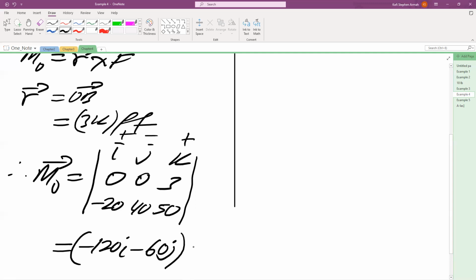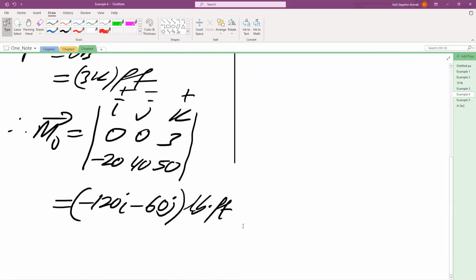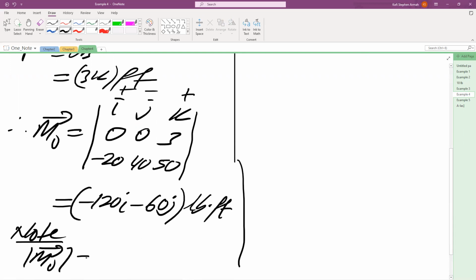And this will be in pound-feet. Very, very important. And they didn't ask you for the magnitude. If you want the magnitude, it's the square root of 120 squared plus 60 squared, and you get the answer also in pound-feet. This is just a note, it's not part of the work here.